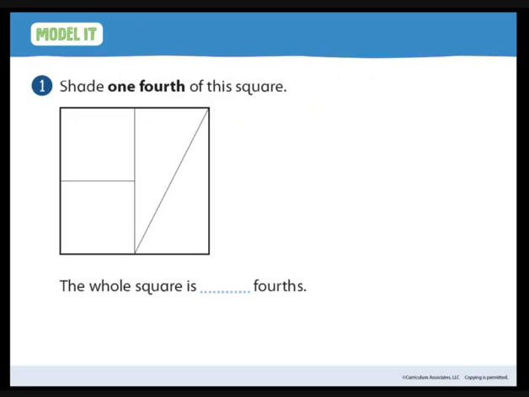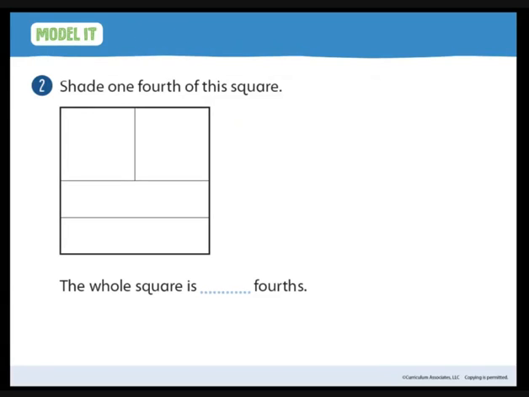Number 1, shade 1/4 of this square. The whole square is blank fourths. You will find this page in the classroom. On the same page, number 2 says shade 1/4 of this square.